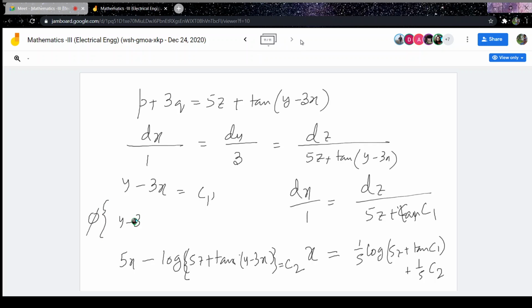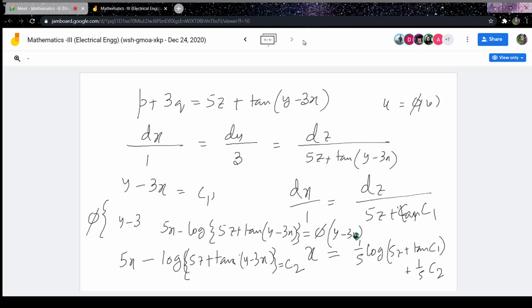Sometimes, since u and v are related by a function, you can write u as a function of v, or here, v is a function of u. So I can write 5x minus log 5z plus tan y minus 3x is a function of y minus 3x.